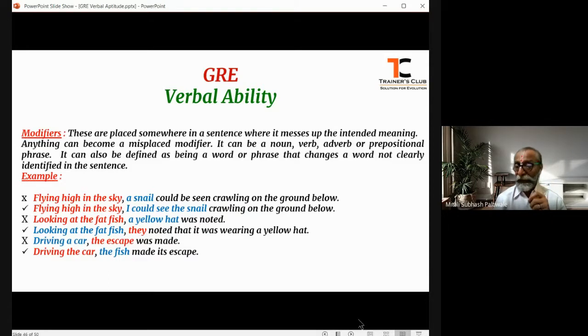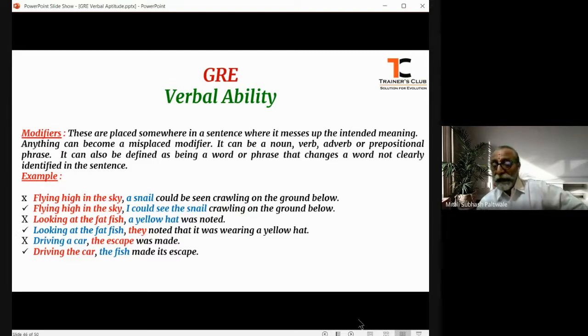See, the snail crawling on the ground below. Crawling on the ground below means once a person is flying high, that person could see a snail crawling on the ground below him. In the same way, look at the fat fish.